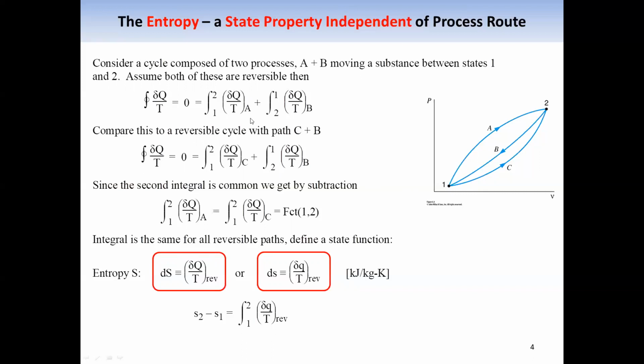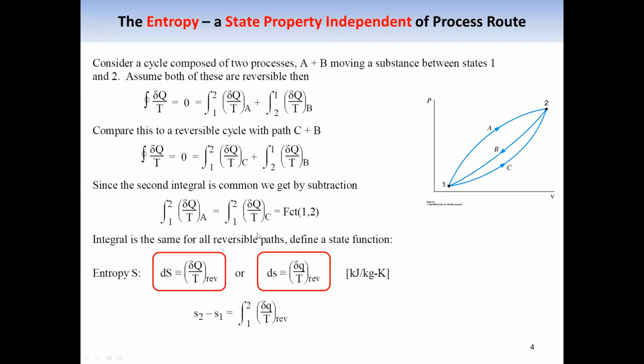Then the analysis of these two reversible paths, from state 1 to state 2 through path A, and from state 1 to state 2 through path C, dq over T are the same.